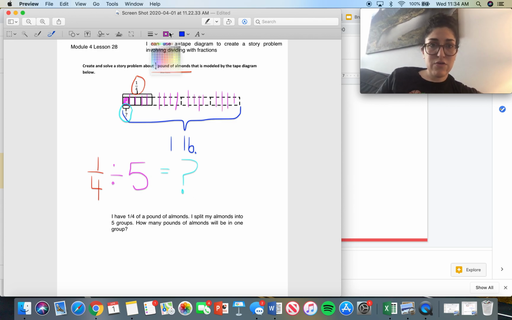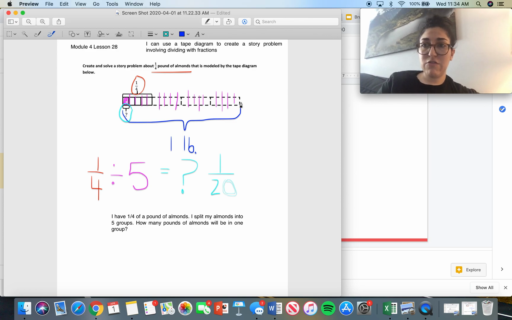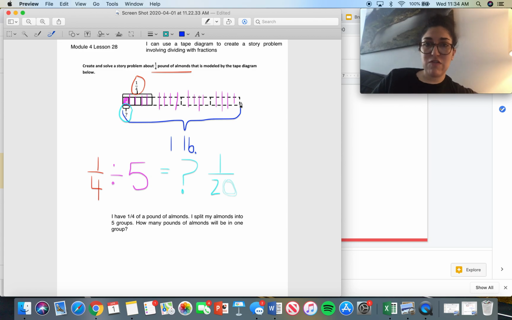And so the answer would be that it would be 1 piece, because only 1 is shaded, out of 20. And if you're confused as how I got the 1 out of 20 or why I cut it like this, please go back and look at the lessons from earlier in this week. That should support you with that.